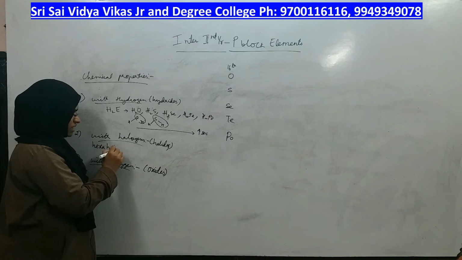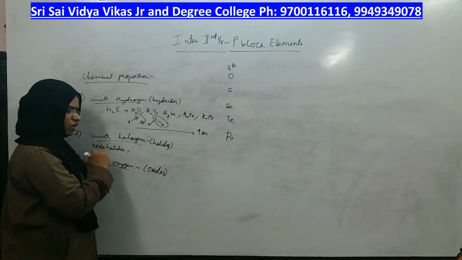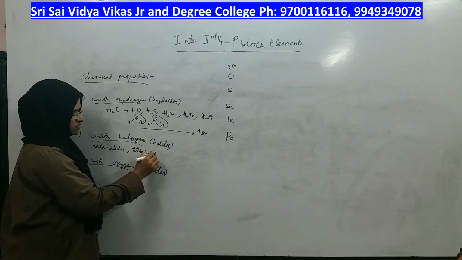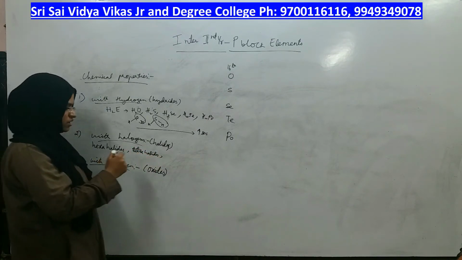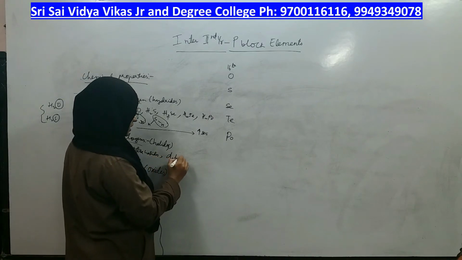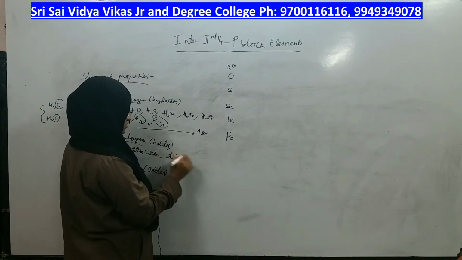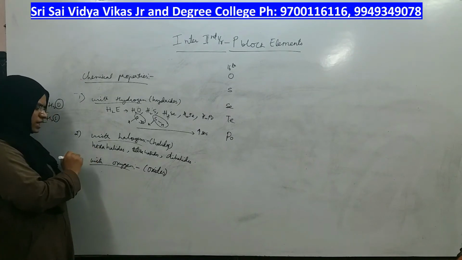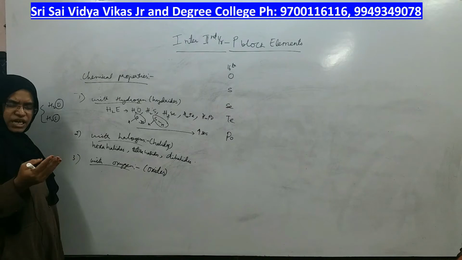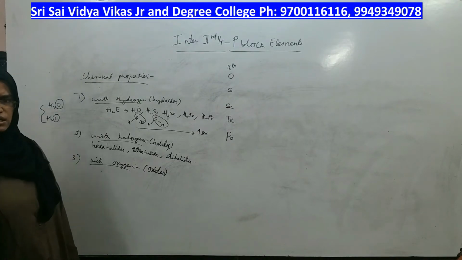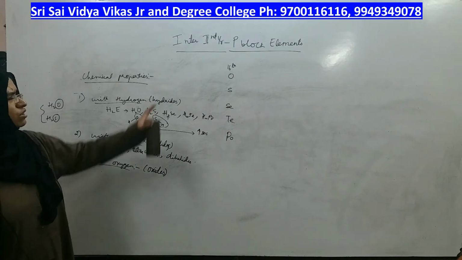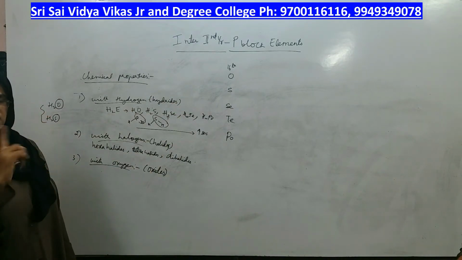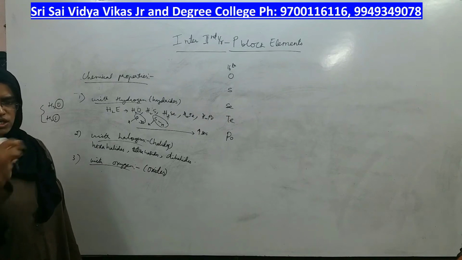Coming to the next chemical property, which is reactivity or property with halogens. If all those elements combine with halogens, they will form halides. Which type of halide do they form? They can form different types of halides: hexahalides, tetrahalides, or dihalides. Whenever I say halide, it can be fluoride, bromide, chloride, iodide, right? So for 16th group elements, suppose I take oxygen fluoride, oxygen chloride, oxygen bromide, oxygen iodide.